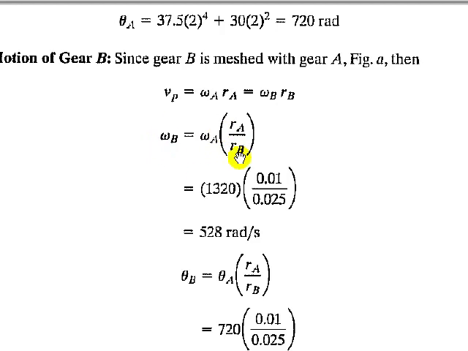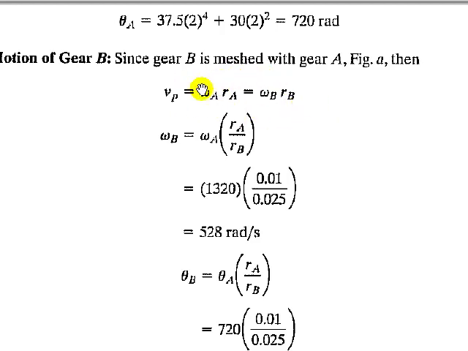So this would be our speed ratio for 2 gears. And the omega of A was 1320. Plugging in the gear radii, we get an omega for gear B, moving slower as we expected, of 528 radians per second.